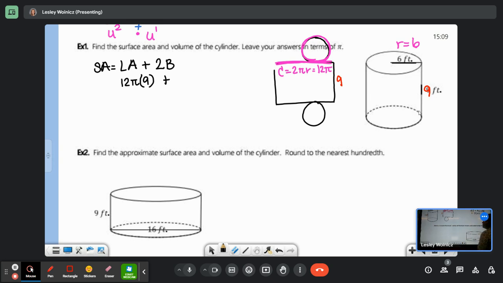Plus our base over here. This is our base. Our base is pi r squared, so pi times 6 squared. Right? But we have 2 of them. So it's going to be 2 times 36 pi.